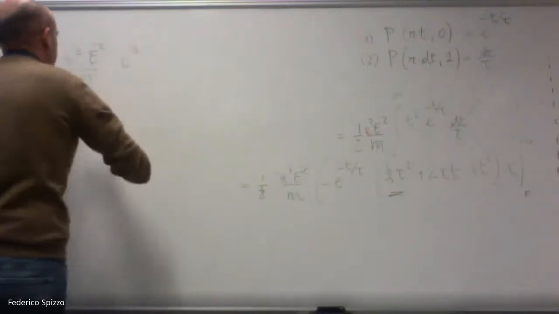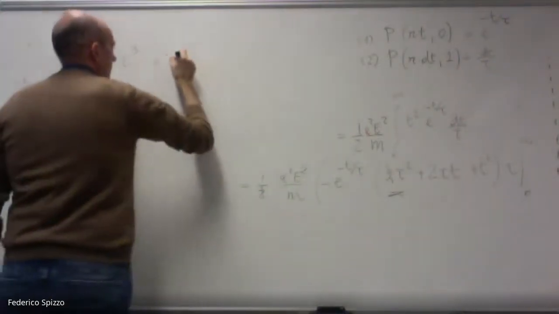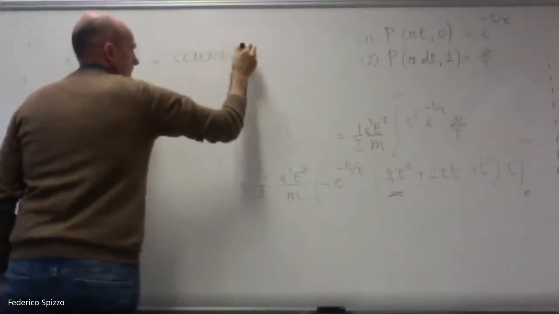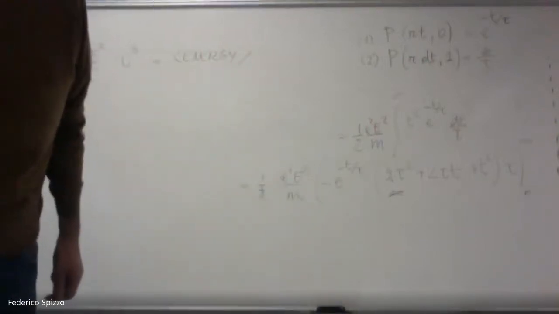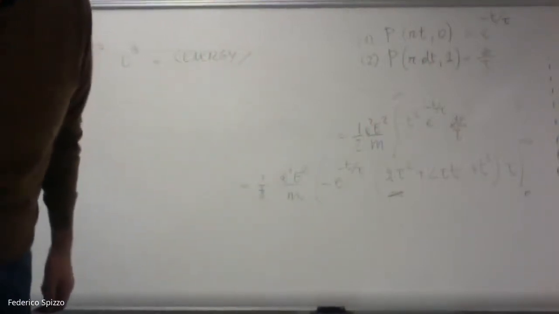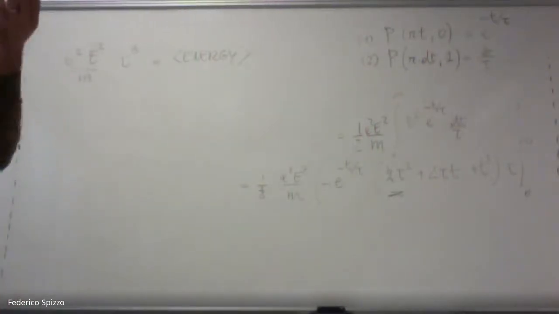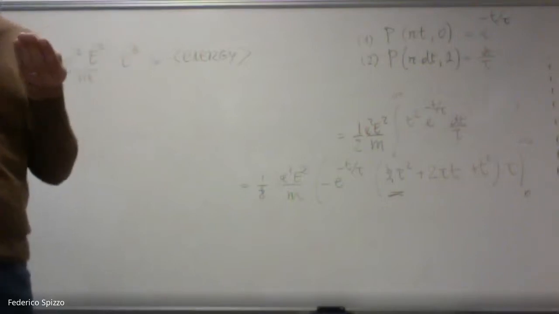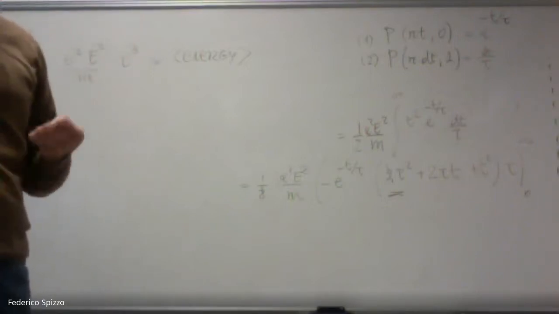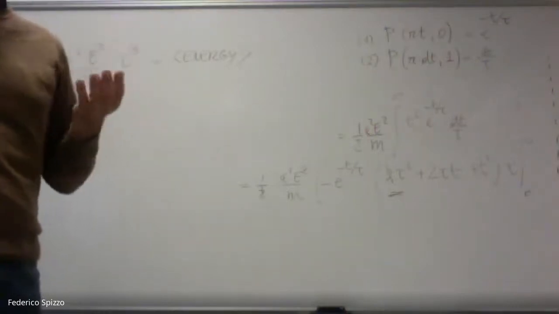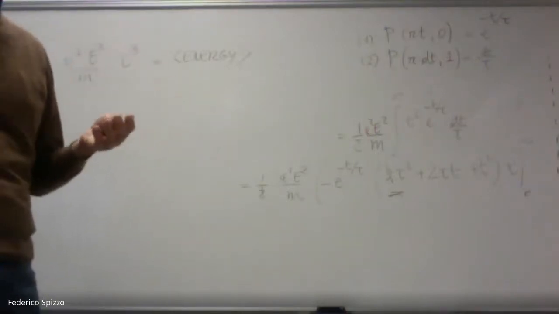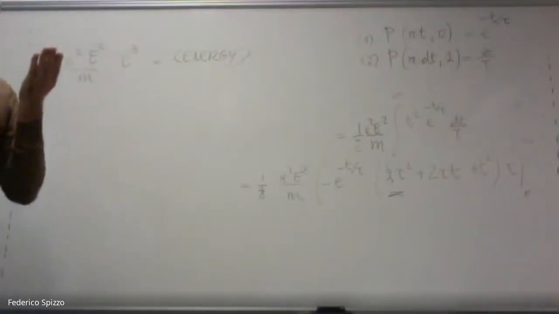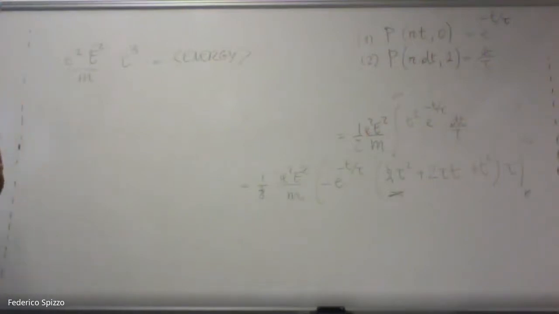So this is the average energy loss. And if at the end we want to see whether we are able to reproduce the power loss that is found macroscopically when you consider a conductor where you have a flow of current, we do not need to consider the energy, but the energy per unit time, so the power.